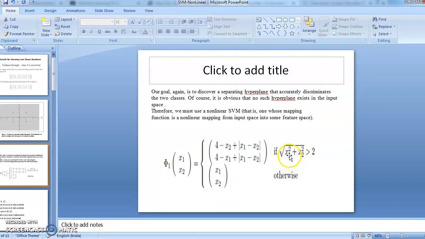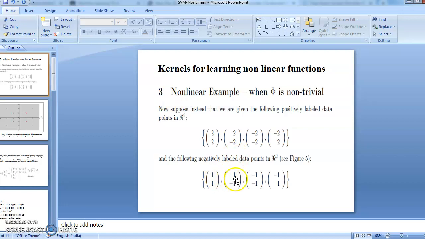So what is our problem? Compute x1 square plus x2 square and find the square root. If that value is greater than 2, then only transform, otherwise keep the point as it is. So by applying this, what are our data points? For (1, 1), 1 square plus 1 square and its square root is less than 2. Similarly, all these values are less than 2, so these data points will remain as they are.